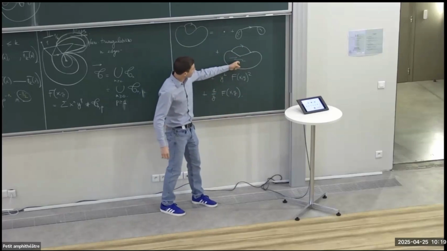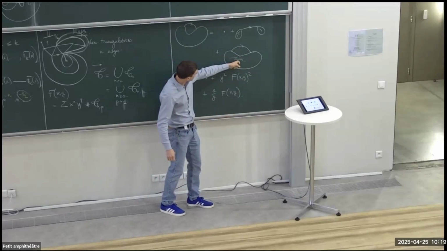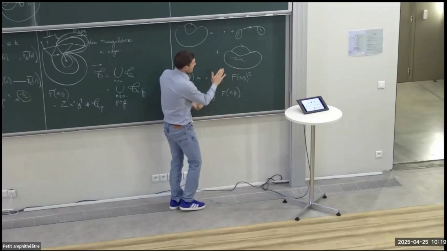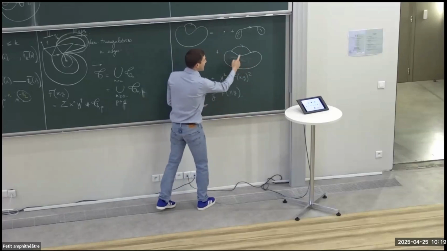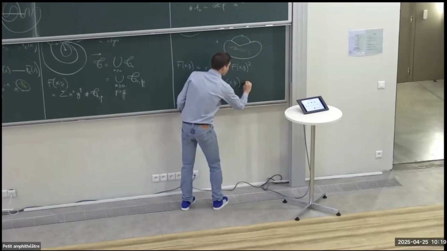Not quite, because here this triangulation is not unconstrained. The constraint is that it must have a perimeter at least 2. So you have this slight modification.